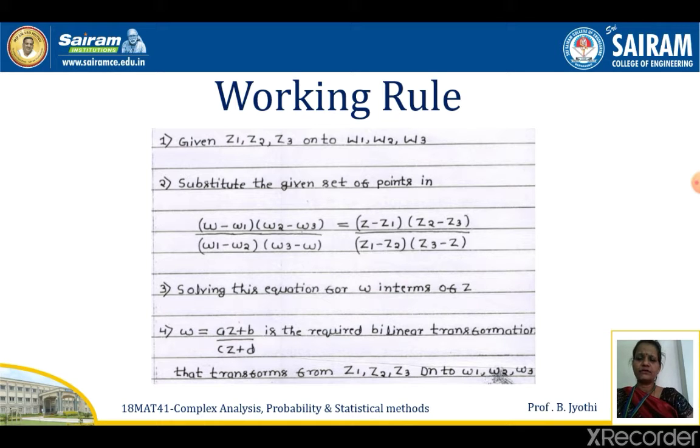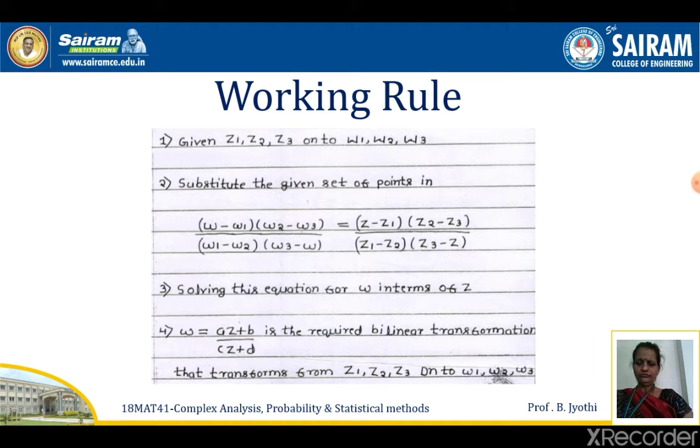In the second step, we have to substitute the given set of points in the formula (W minus W1) into (W2 minus W3) by (W1 minus W2) into (W3 minus W), equals (Z minus Z1) into (Z2 minus Z3), (Z1 minus Z2) into (Z3 minus Z). This is the formula in which you need to substitute the values of Z and W.